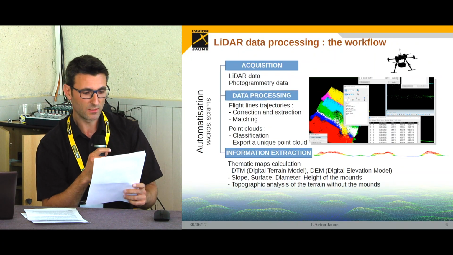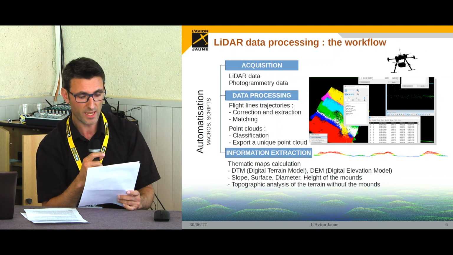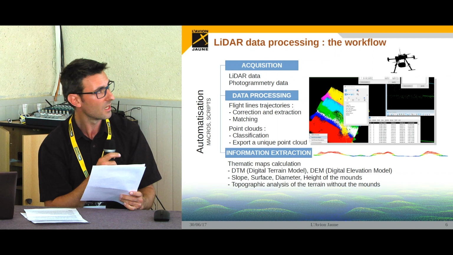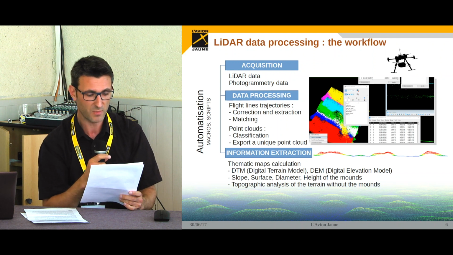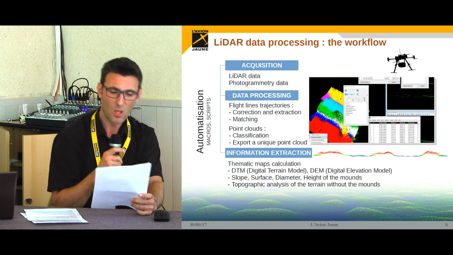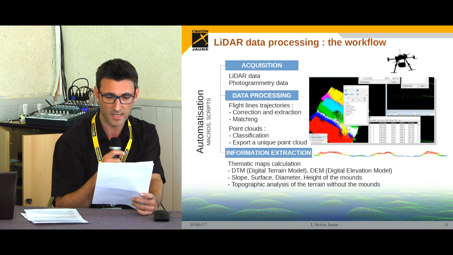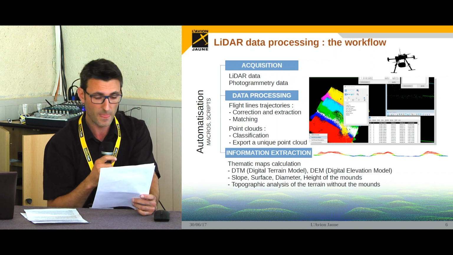The acquisition of the LiDAR and photogrammetric data was made by an 8-rotor Onyxa UAV at 75 meters altitude. The data processing will consist in the correction, extraction, and matching of the flight line trajectories.